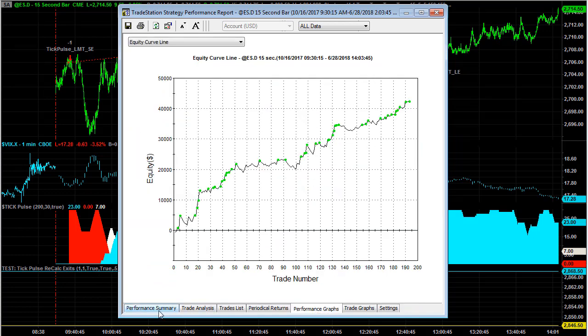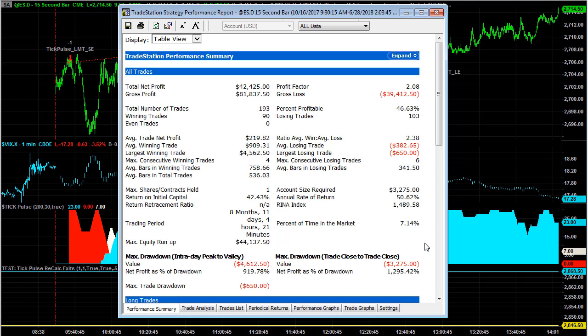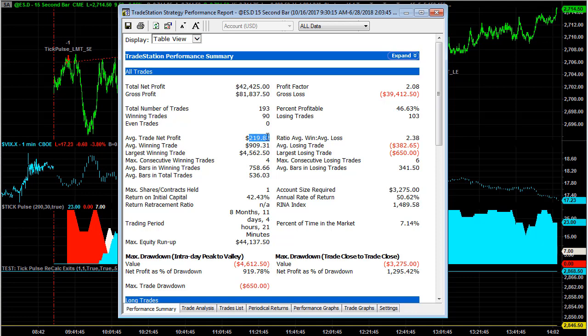Nice equity curve still. Drawdown still low, and 2.08 profit factor, and so nice gains. Again, no slippage and commission, but you have to take into account there's $219 average trade profit, and the higher this number goes, the less effect the slippage and commission will have.